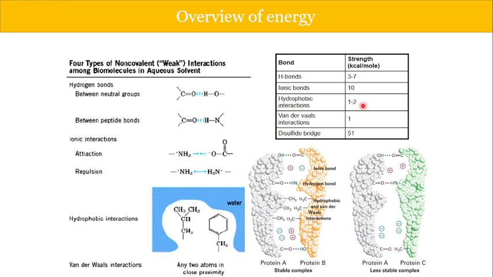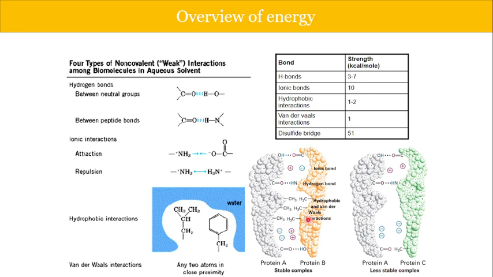So there are different interactions, and we can comment on the strength of these interactions depending on the strength data which is given to us, and the different interactions which can occur between the two proteins. Now, if we have only ionic interactions or only a few interactions, those two proteins become less stable.